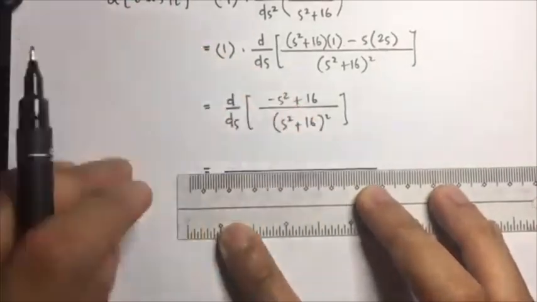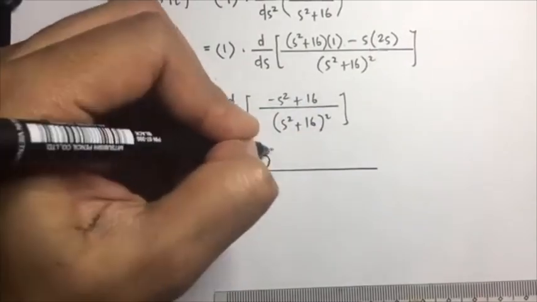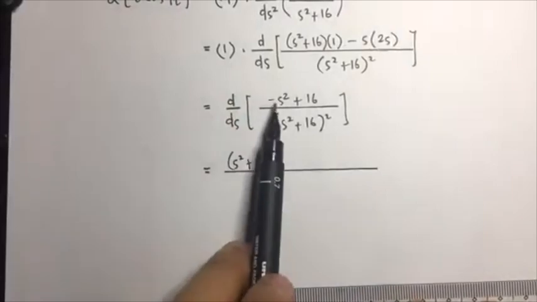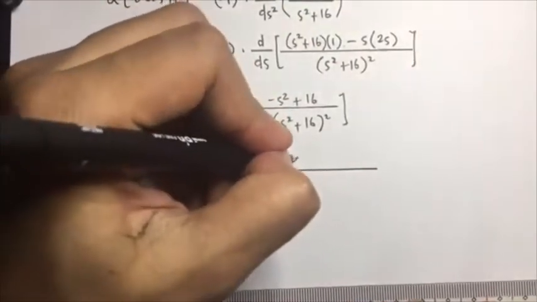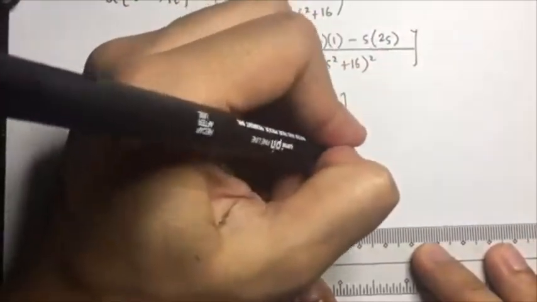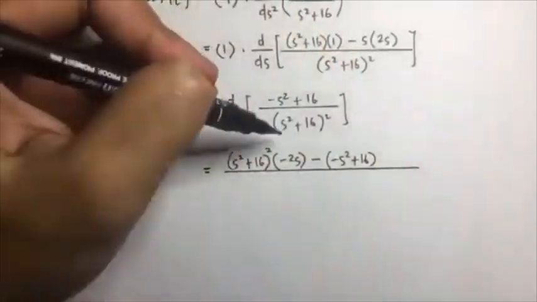So, differentiating again: the denominator s squared plus 16 squared times the derivative of the numerator, negative 2s, minus the numerator negative s squared plus 16 multiplied by the derivative of the denominator.